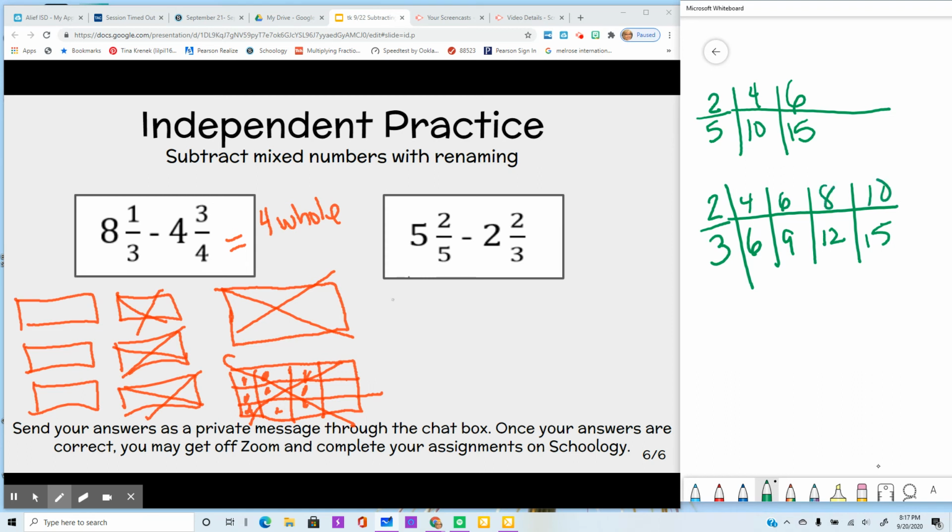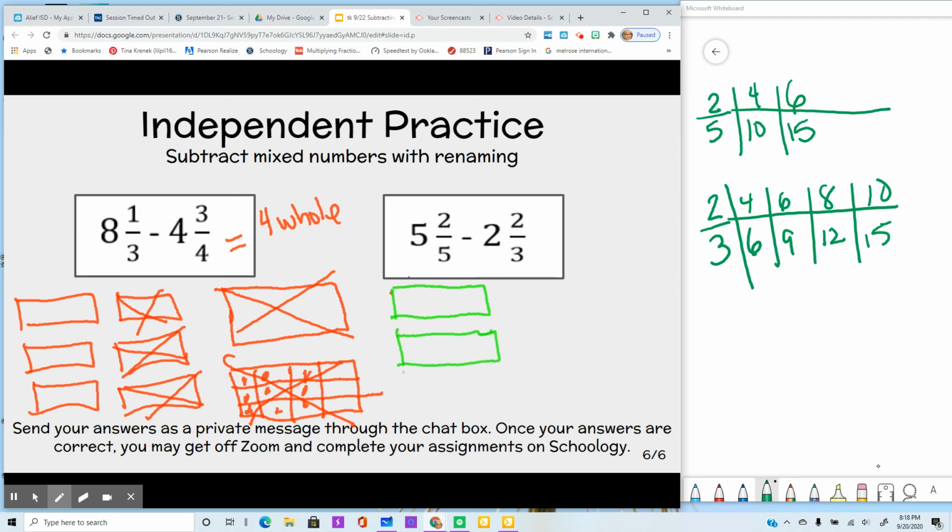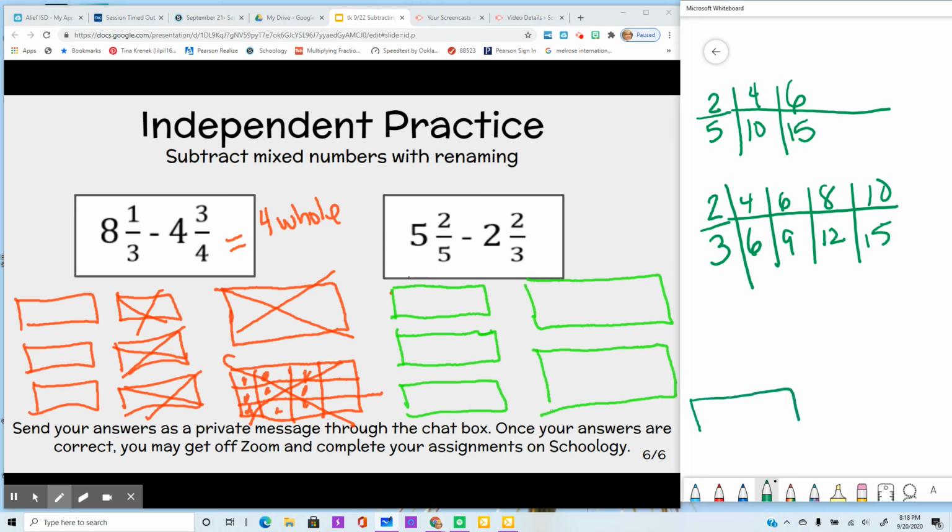Okay, so 5 whole. Let me change colors here. 1, 2, 3, 4, 5, and I'm going to draw my other part right over here.